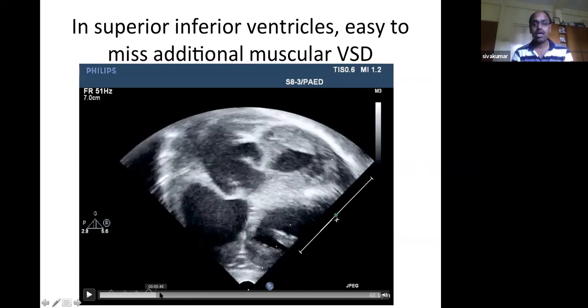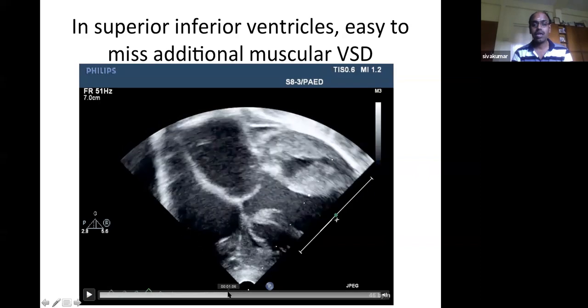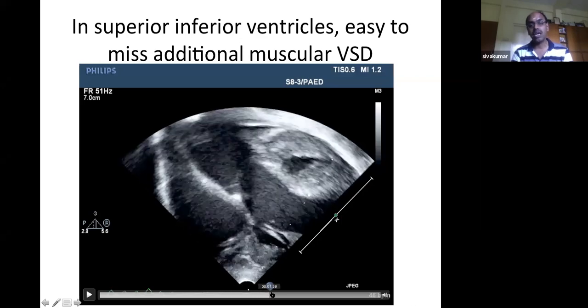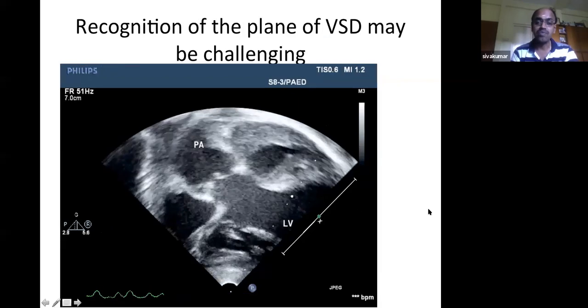So there is a large subpulmonic ventricular septal defect. This is the mitral valve to pulmonary valve. It's exposing the large ventricular septal defect now, and additional VSDs can be missed very easily.